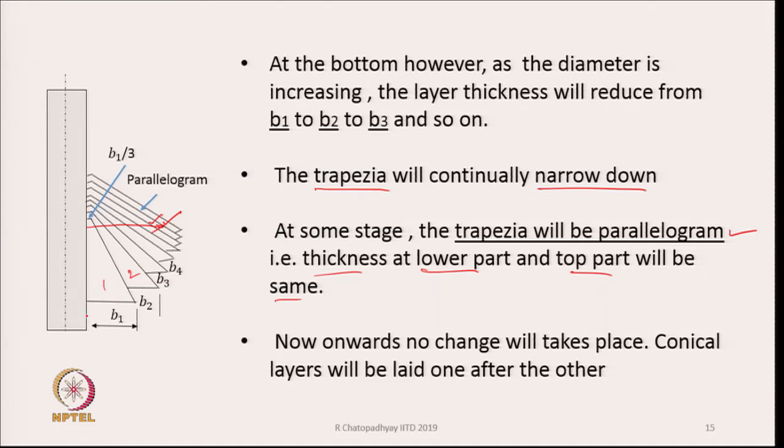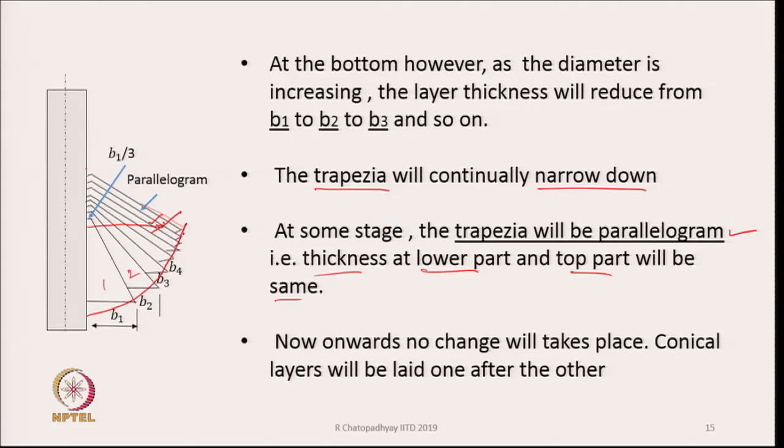And the base will look like, if I join them by a line, the profile will look perfectly round, and we have built a surface which is going to look like a conical surface. So, now onwards we are continuously laying yarn on a conical surface. This is called the base building part, and for the rest of the part we are always laying yarn on a conical surface.